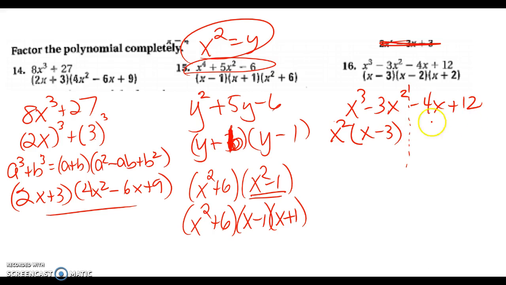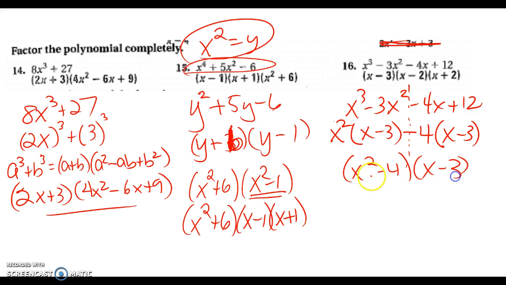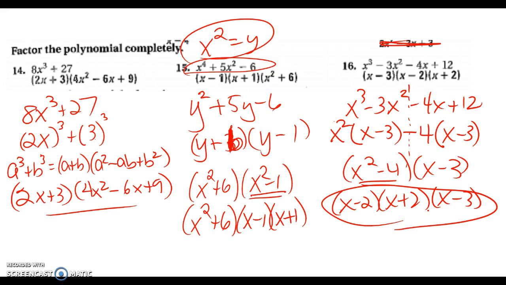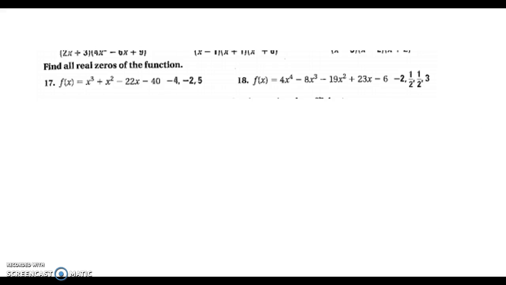I'm going to pull out a negative 4. Leaves me x minus 3. This becomes x squared minus 4, x minus 3. Well, what's that? A difference of squares, isn't it? There's the complete factorization. Moving on, it says find all real zeros of this function.